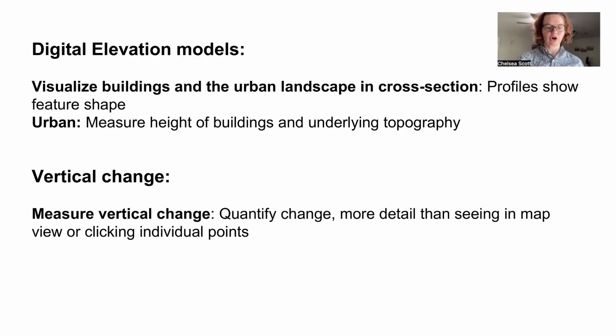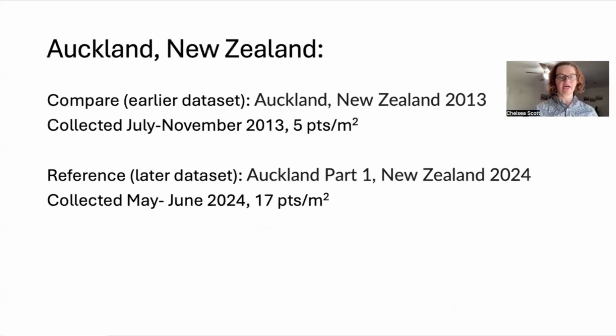We are shortly going to go to QGIS and look at topographic profiles along digital elevation models and from a map of topographic change for these two data sets located in Auckland, New Zealand. The first was acquired in 2013, and in the differencing literature, this is called the compare data set.